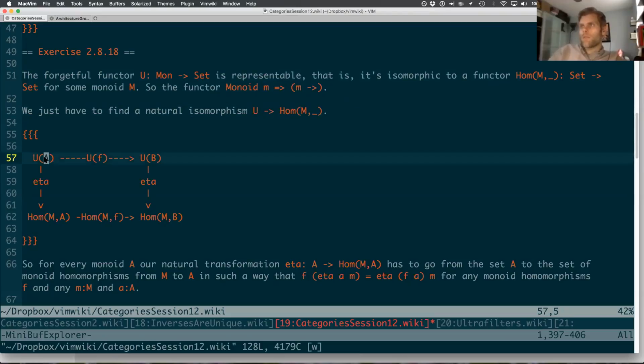So a reminder on what a natural transformation is: it has to make this diagram commute. So we have to find some eta, which has an inverse, that is, it's an iso.